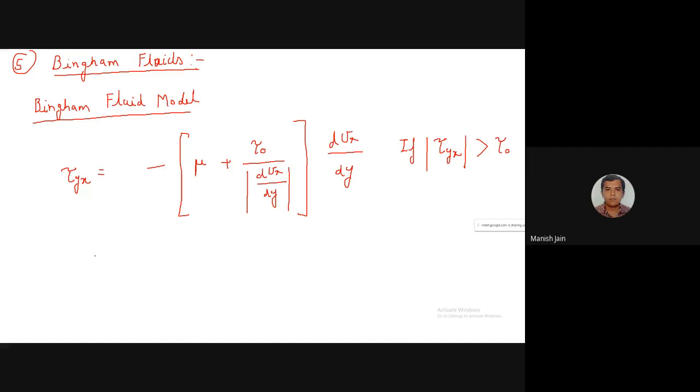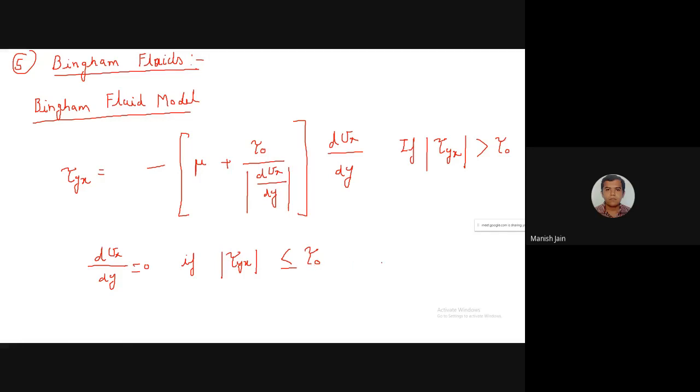The second equation is dvx by dy equal to 0, if tau yx is less than or equal to tau naught. Basically, this model has two equations for two different conditions.